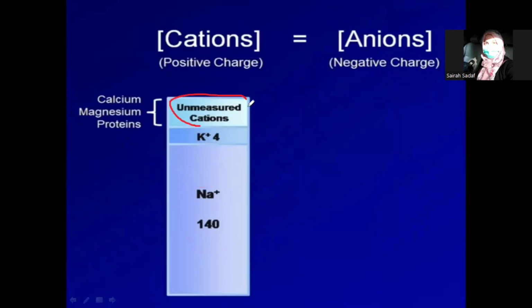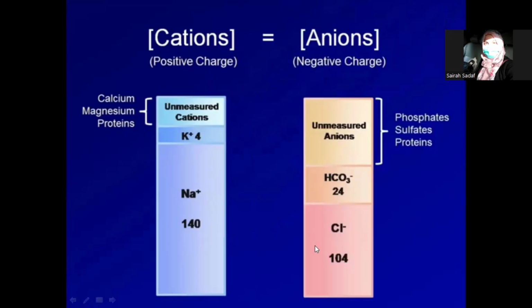There are some unmeasured cations. These are the measured cations, and these are the unmeasured cations. There are the anions that are measured, and those that are not measured. Don't take measured and unmeasured in literal meaning, because the term unmeasured we are using here is a misnomer.